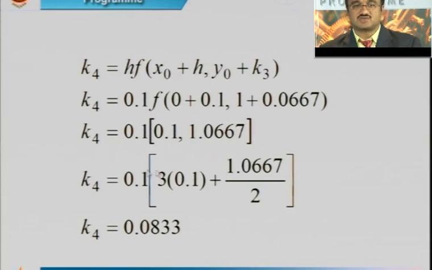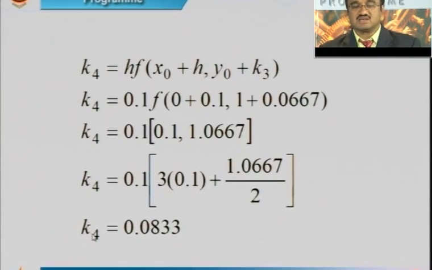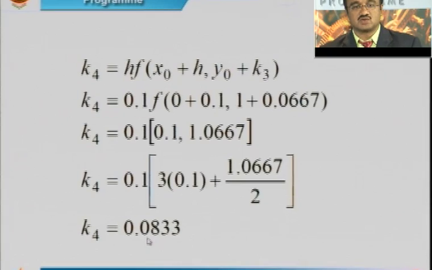The x0 plus h value becomes 0.1 comma 1.0667. Then k4 is 0.1 into 3 into, this is the given function, substitute here, the x0 is 3 into 0.1 plus 1.0667 by 2. Now on simplification of all these things, we get the k4 value as 0.0833.